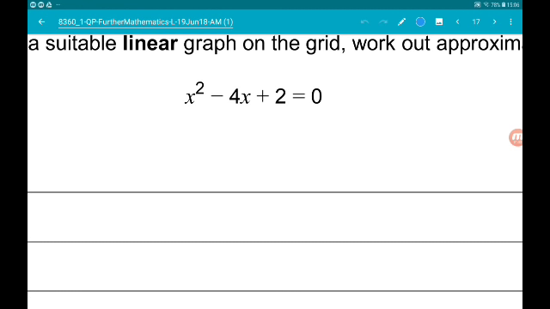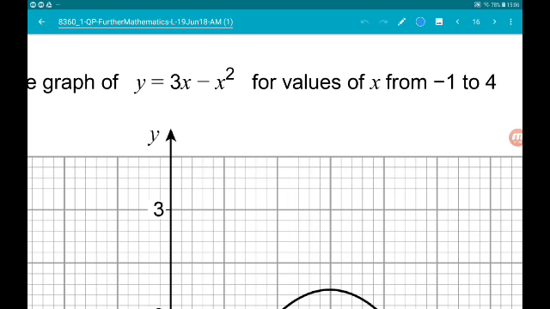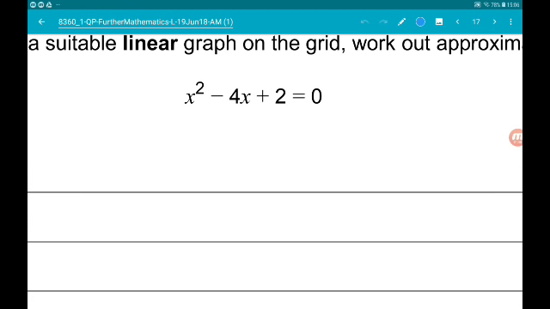So, first of all, here we have a positive x squared. Now here we have a negative x squared. So first up, let's subtract x squared from both sides. So we get minus 4x add 2 is equal to minus x squared.